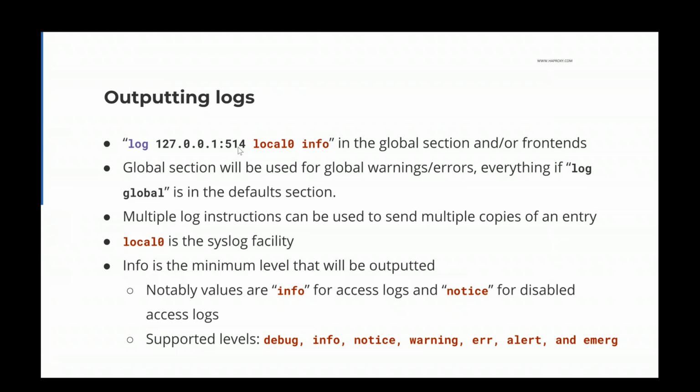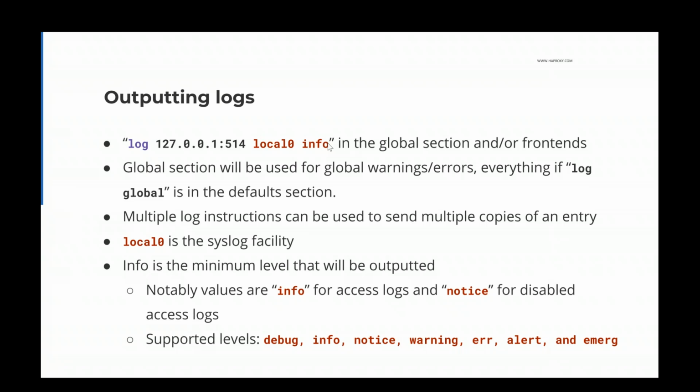You will almost always see one of these in the global section of every HAProxy configuration. It can also be placed in frontends in order to send logs only from that frontend to a particular syslog server. It either has an IP address and port or a socket, and the syslog facility to use, and the minimum level that will be sent to that log.